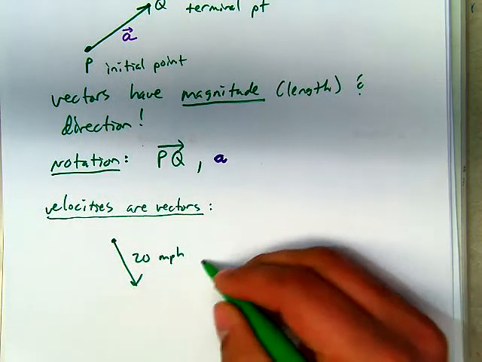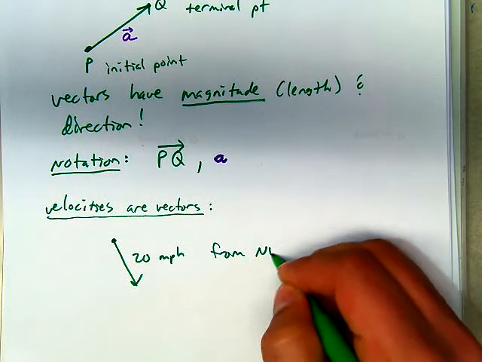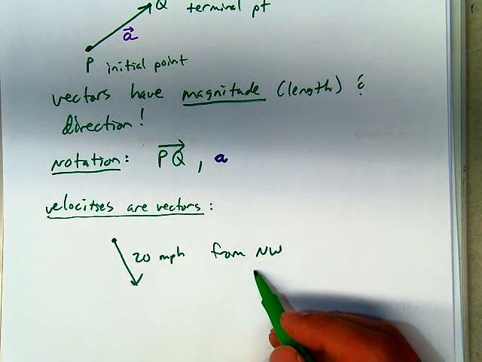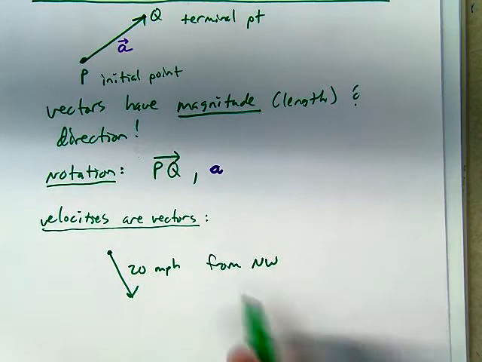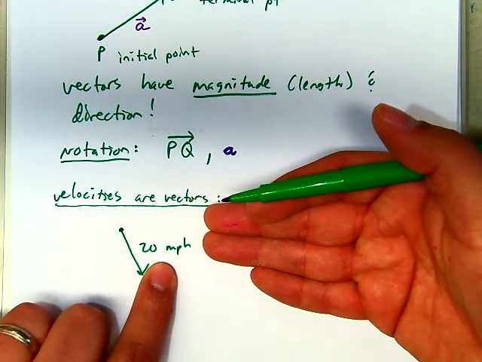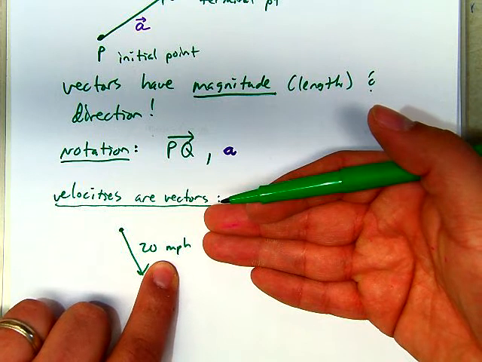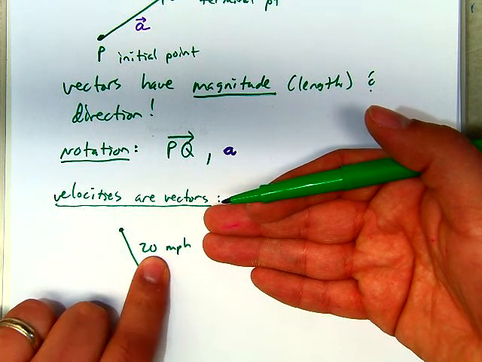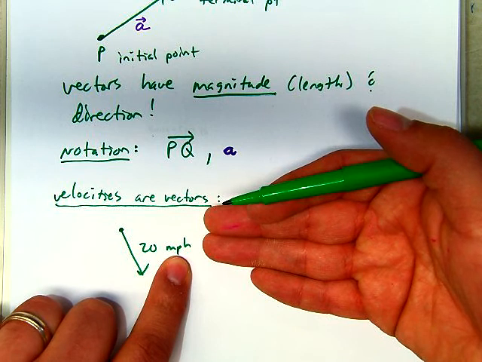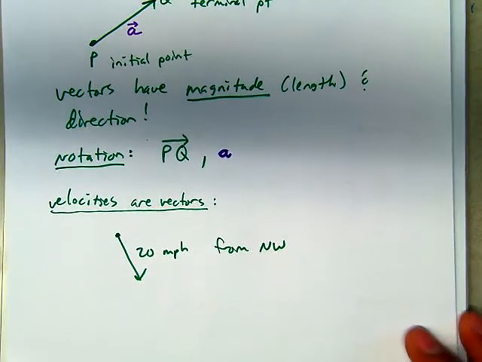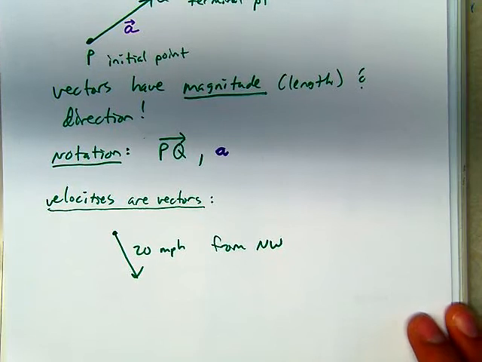Without the direction that it's coming from, all we know is that there's a 20-mile-an-hour wind gust. We don't really know where it's coming from. But the direction makes it a vector. Without this direction, all we have is wind speed. So the two things together, the magnitude or length, in this case 20 miles per hour, and the direction make it a vector.